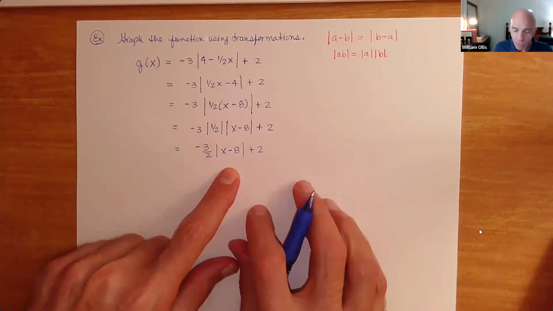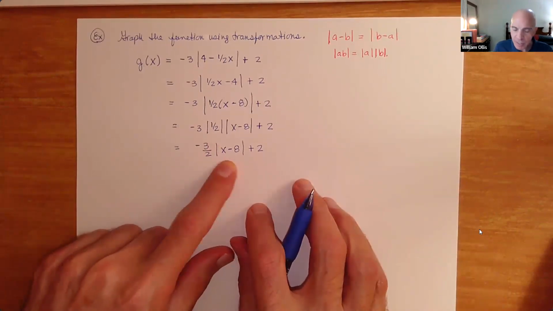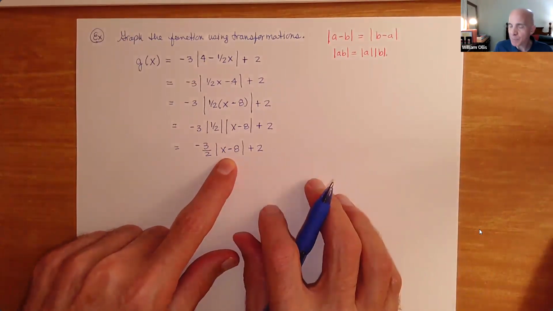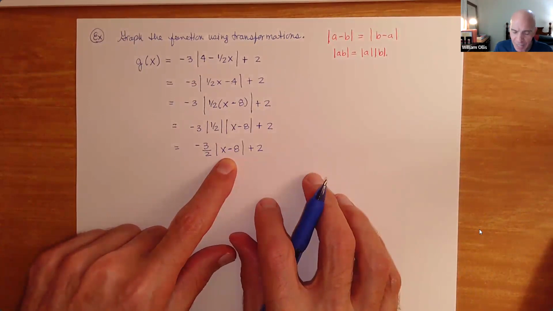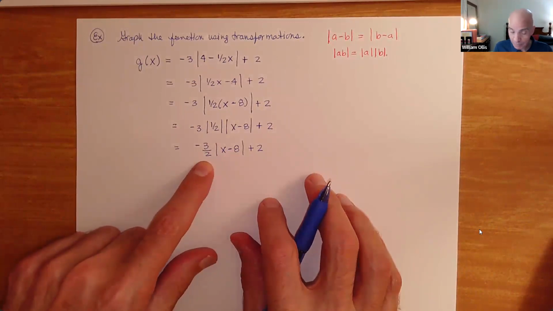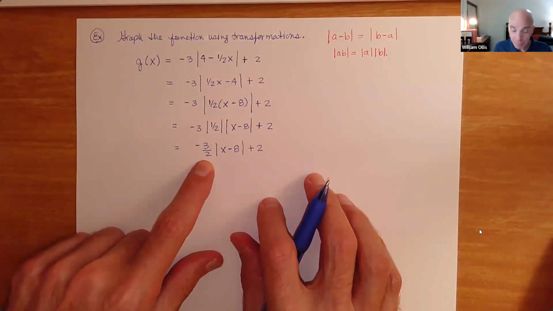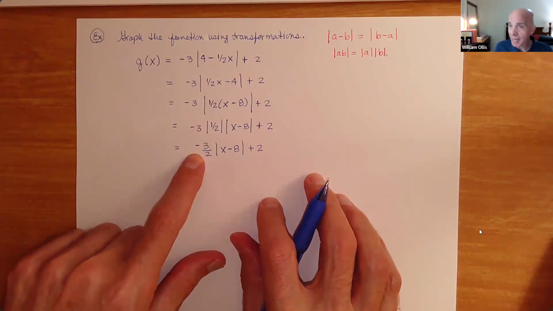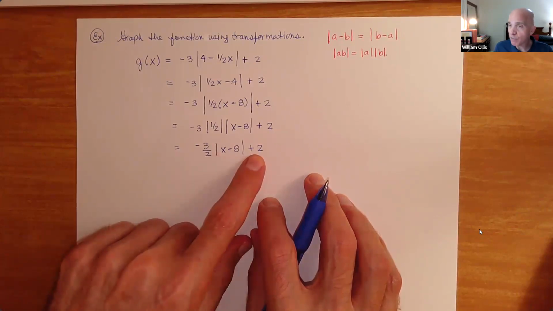Okay, so this has really simplified the function from the beginning. And now when we look at this we can contend with it. Notice the parent function is the absolute value function, and so we could do our right shift by 8. Then we could do the vertical stretch by 3/2. We're going to make it bigger. We can do the x-axis reflection, and then we can do an upward shift by 2.